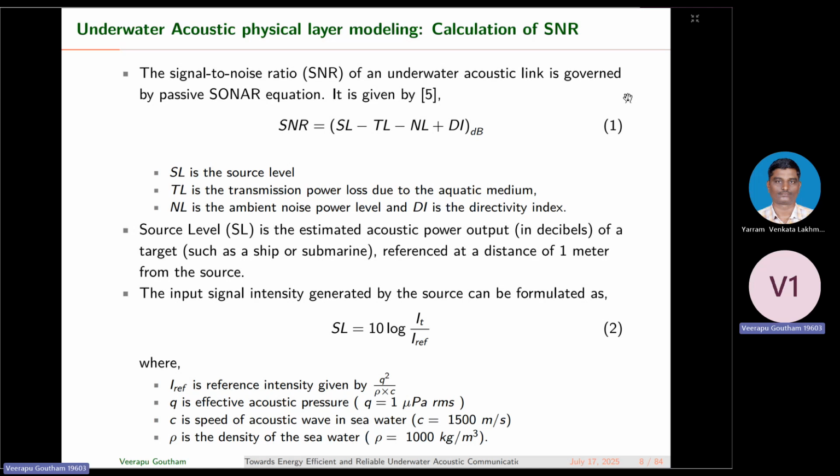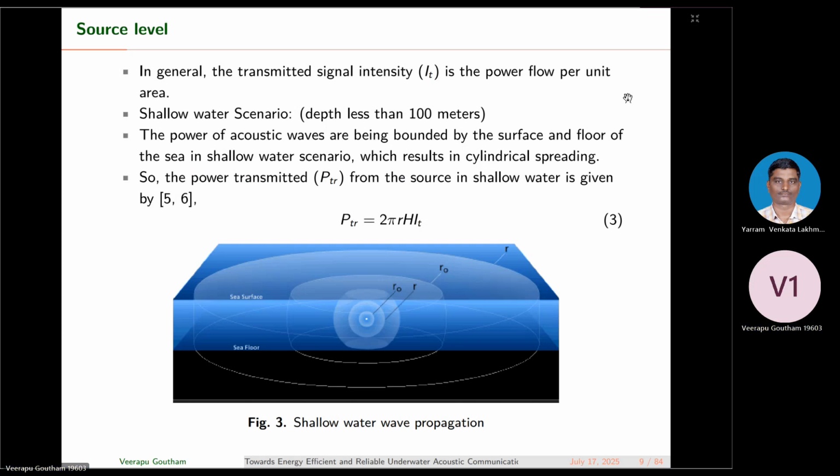The reference intensity is given by Q square by rho C, where Q is the acoustic pressure, C is the speed of acoustic waves, and rho is the density of seawater. With that, we can find the I reference. Now we will see what IT is: it is the transmitted signal intensity. Intensity is power flow per unit area.